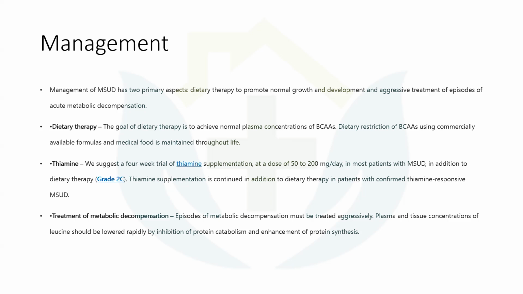Whenever there is metabolic decompensation, this is a very serious issue and has to be treated aggressively. And we have to be careful not to give those patients any food containing branched-chain amino acids, basically. Next slide, please.